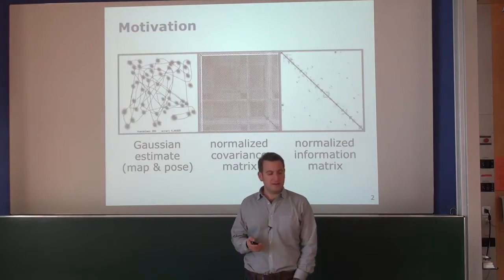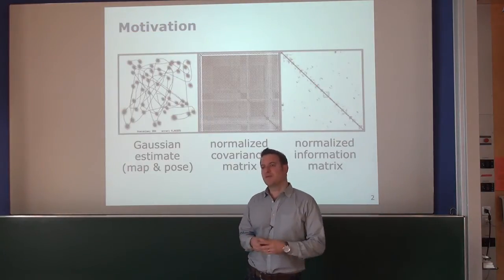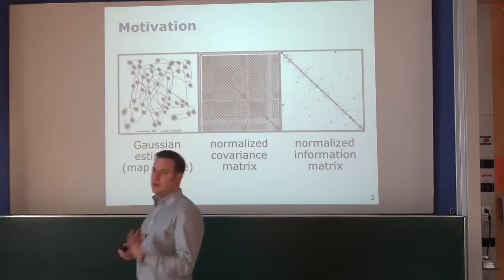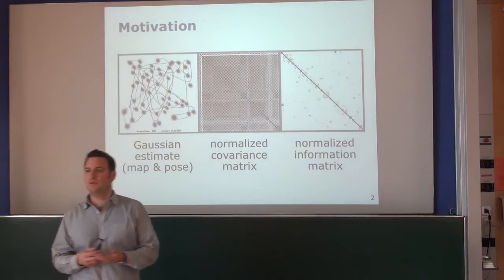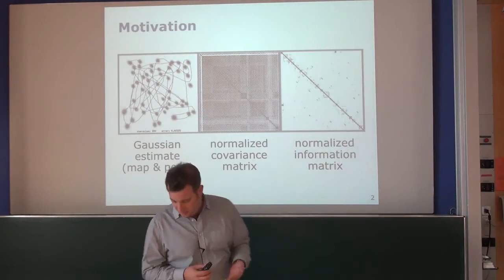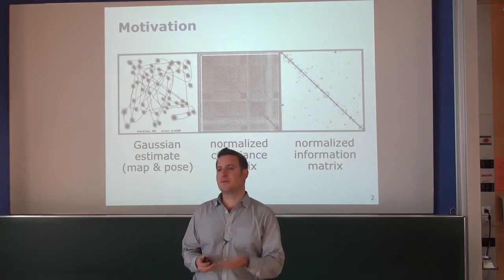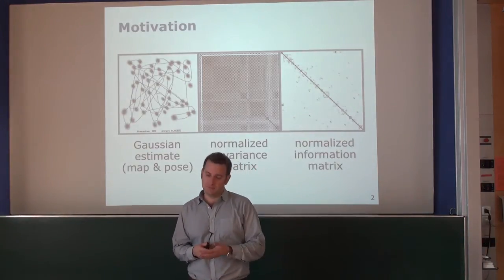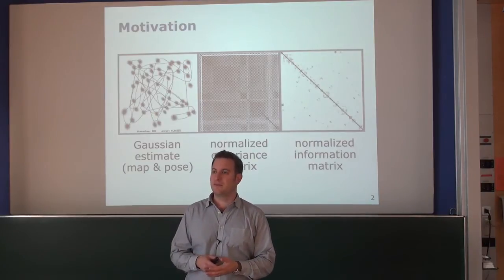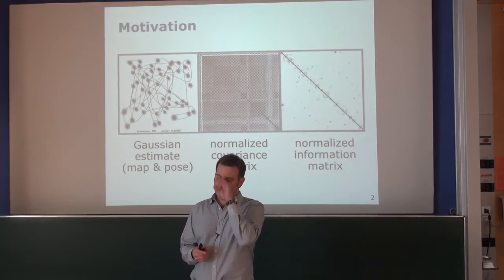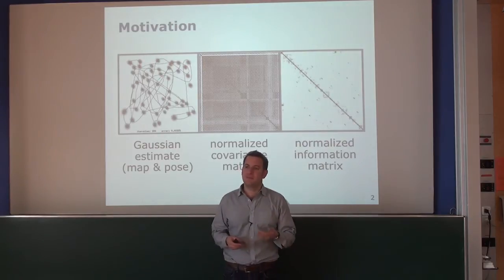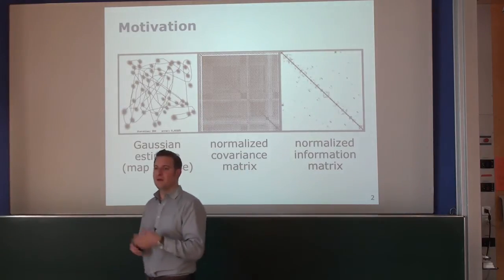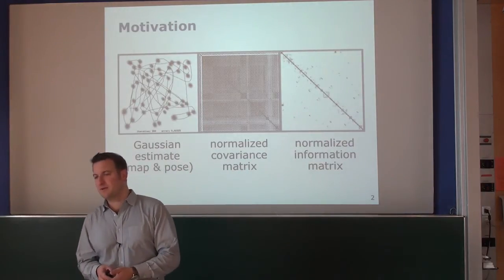So the key idea of the sparse extended information filter was to introduce an approximation to the extended information filter, which is the dual representation of the extended Kalman filter, and use it for solving the SLAM problem, but at the same time introduce an approximation that leads to sparse matrices, especially a sparse information matrix.